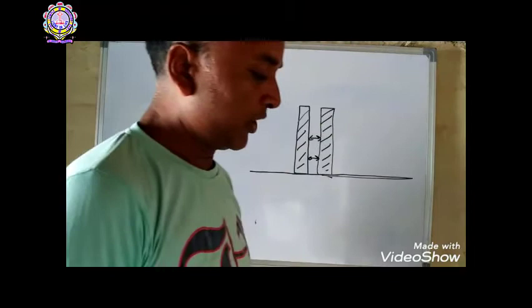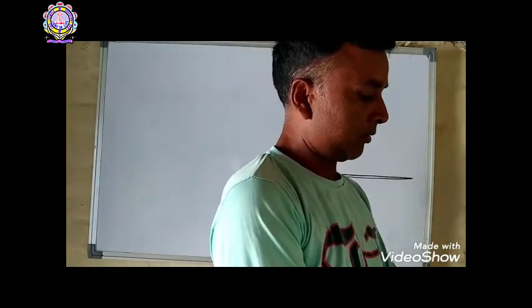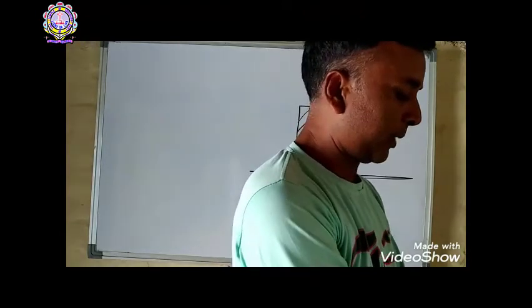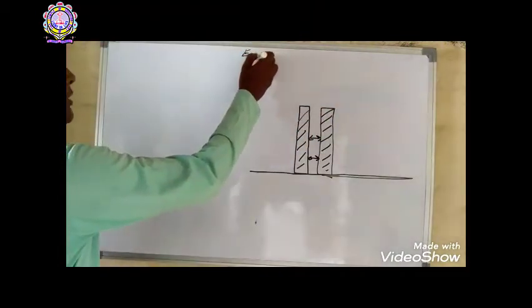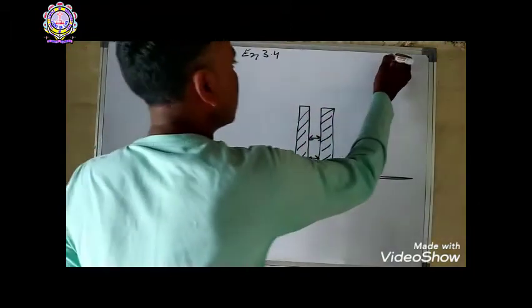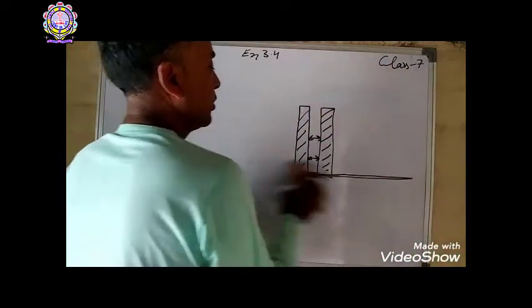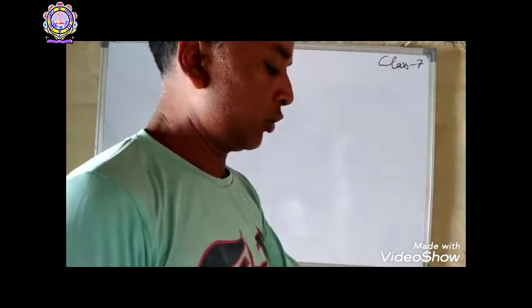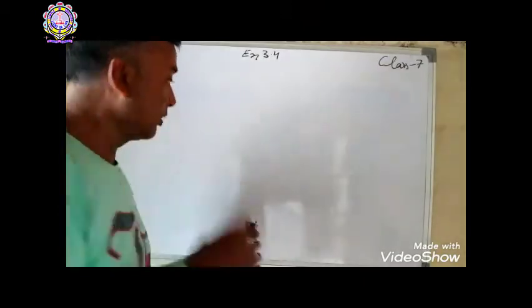So now we start how to construct a bar graph. Let us start the first question of Exercise 3.4, class 7th. First, you have to draw two lines intersecting each other at 90 degrees.